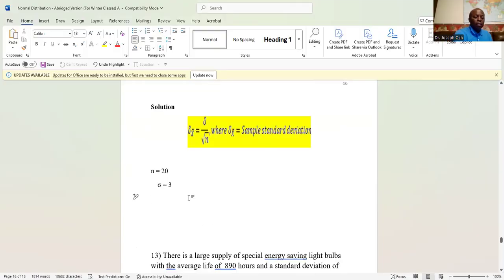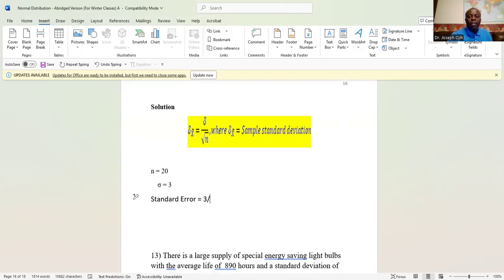Standard error equals 3 divided by the square root of 20.